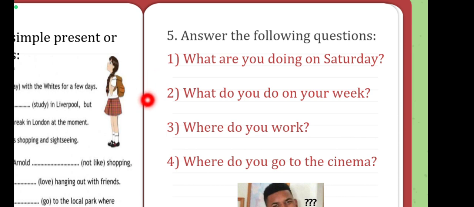Can you answer number 2, please? What do you do on your weekend? I usually work. In the morning, I'm going to the office.